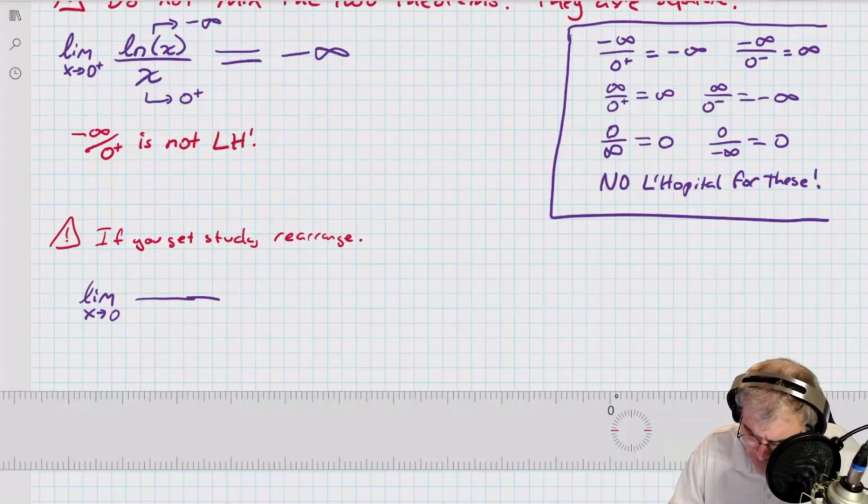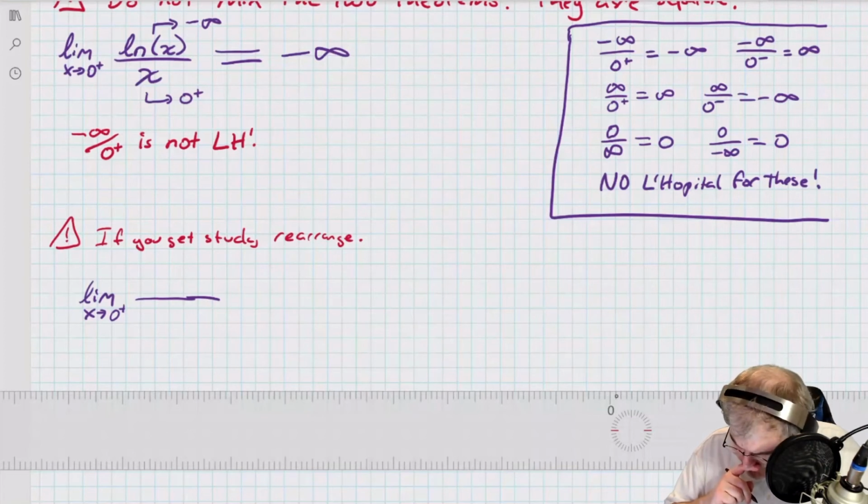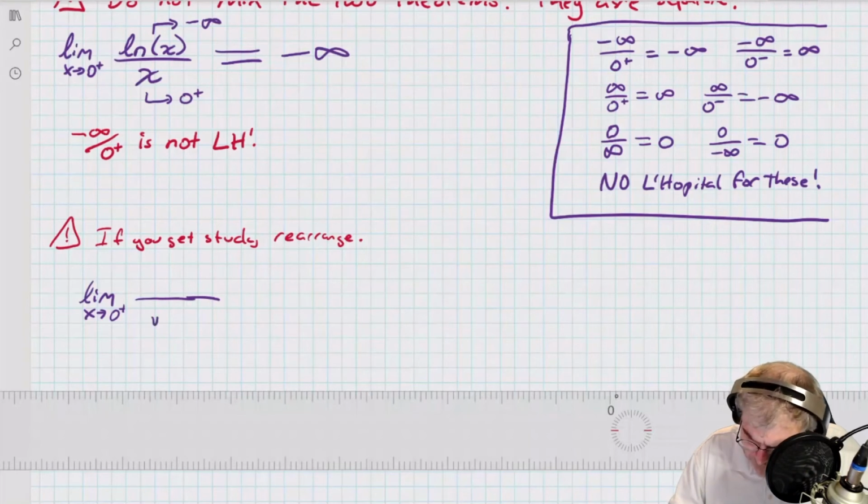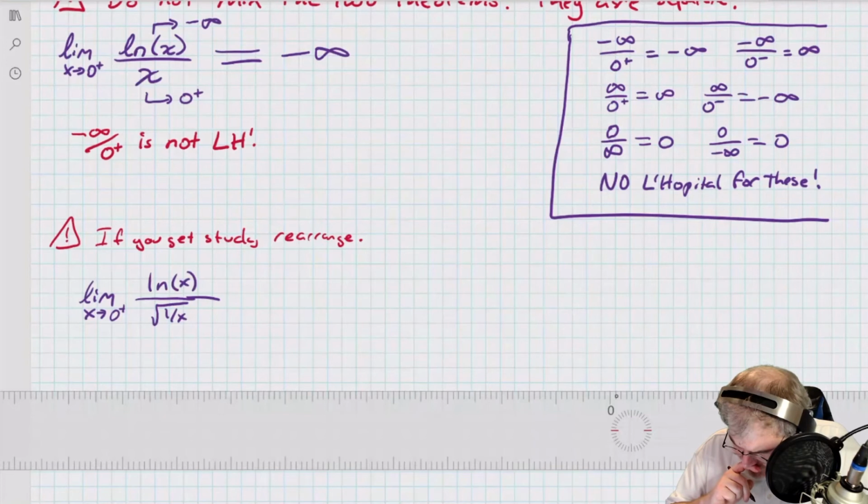I should have worked out an example for this. Square roots always work nicely. Let's do the square root of 1 over x and ln of x. No, because if I take the derivative, that'll work.